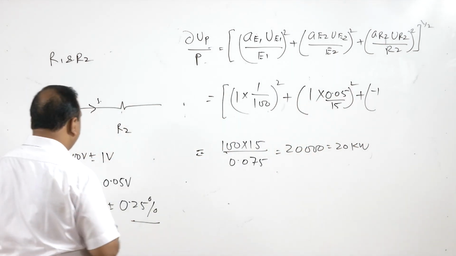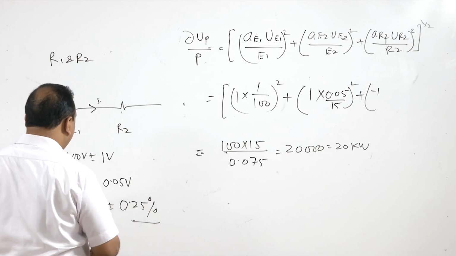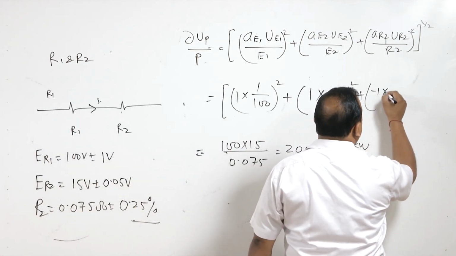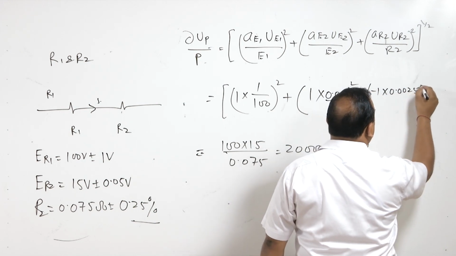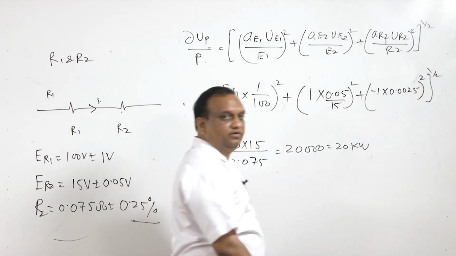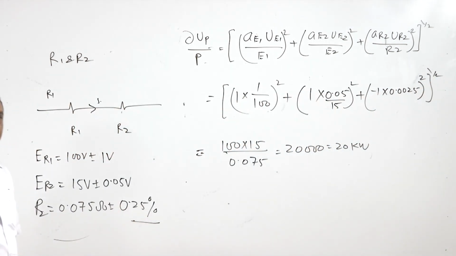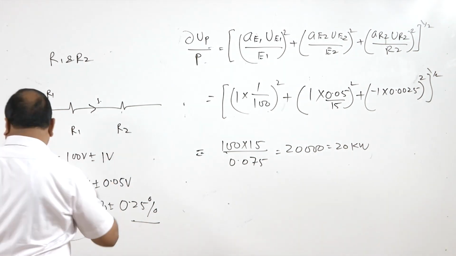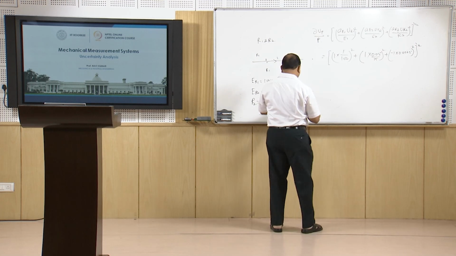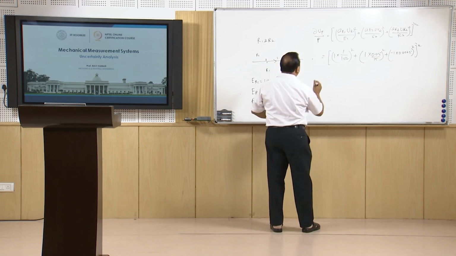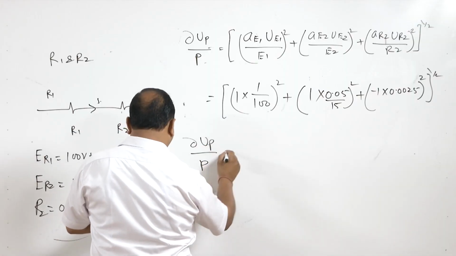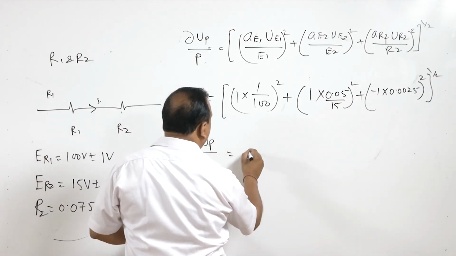And then it is into 0.0025. It is given in the terms of percentage, because it is given in the terms of percentage, right? So, this is the mathematical expression for delta P. So, here we get, if we solve this, delta P by P as 0.0108.